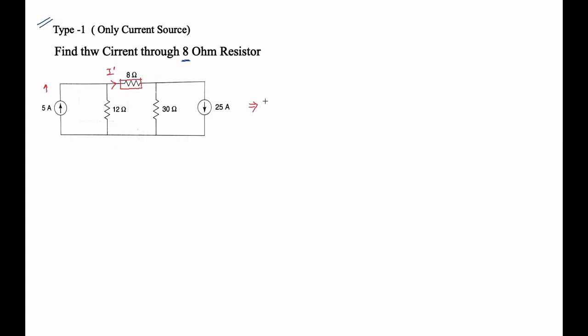So the first step is to write down the circuit when 5 ampere is acting alone. The circuit diagram is like this. This is your 5 ampere source acting alone.